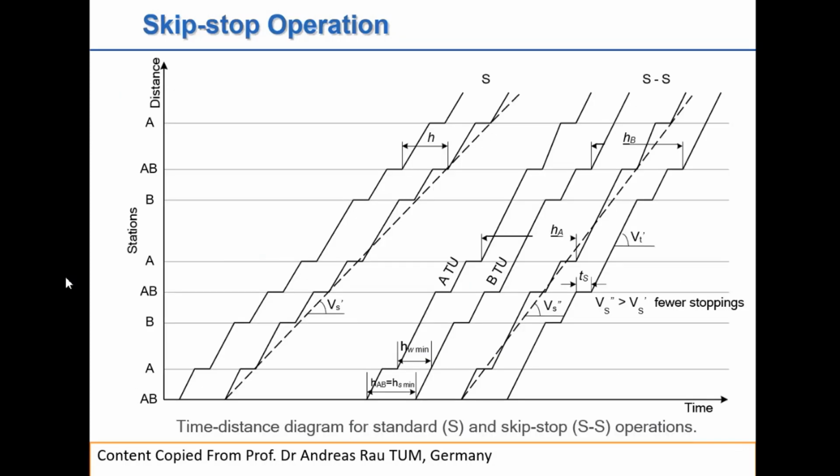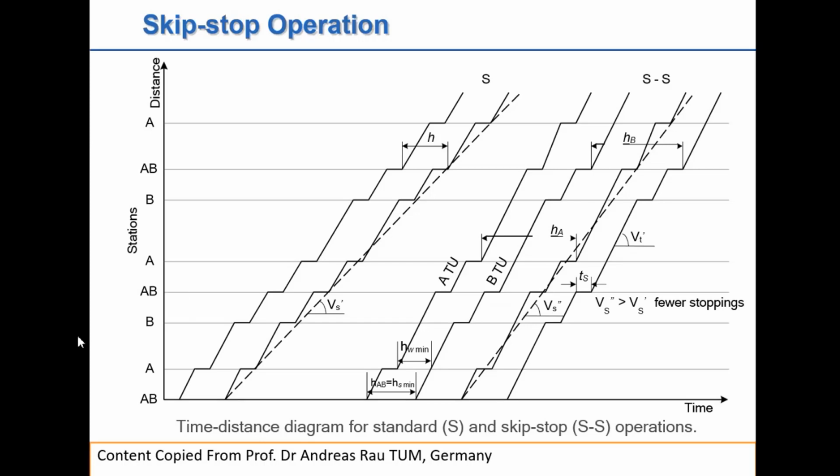Again, skip stop is the type of operation by which the operating speed on a transit line with only 2 tracks can be increased while maintaining higher frequency and high line capacity.